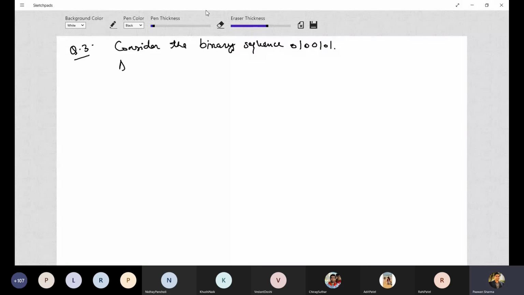Draw the waveforms for the following signaling formats.